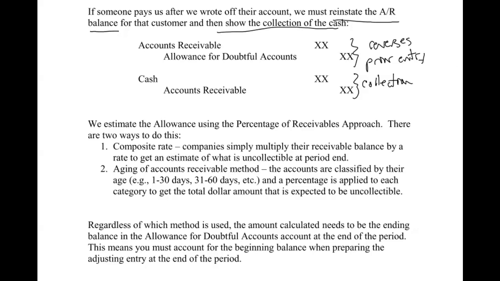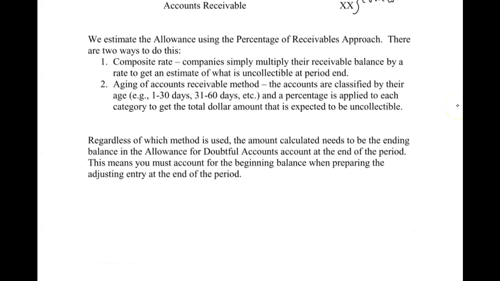There are 2 different ways to estimate the allowance, using the percentage of receivables approach. There's a composite rate where companies simply multiply their receivable balance by a rate to get an estimate of what is uncollectible. Or what you'll see more often is an aging of accounts receivable, so that each accounts receivable balance is classified by its age. Are they current?